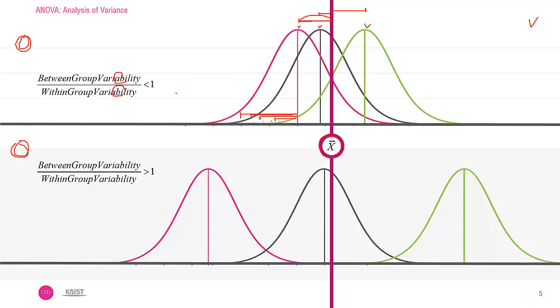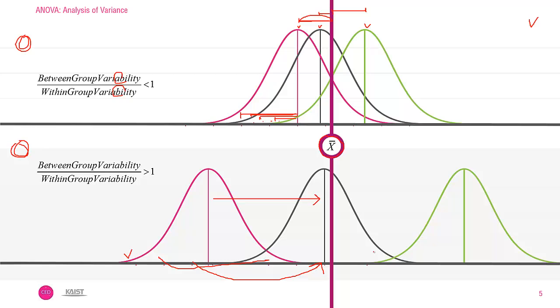For example, the initial score distribution was like the pink data set. After an intensive tutoring, the improvement is shown. So most of the scores have been moved or have been improved.